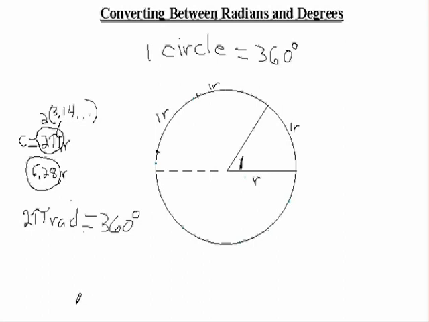Now, again, be very clear that this pi, this symbol, always represents the irrational number 3.1415 and so on. It's never equal to anything else in and of itself. The reason we can say 2 pi radians equals 360 is because with the radians we're talking about a number of radii.